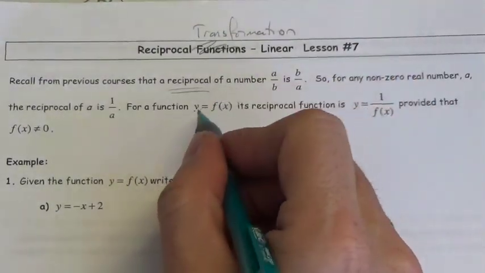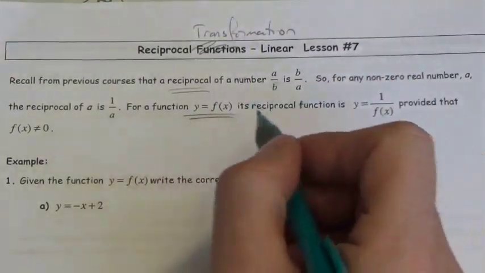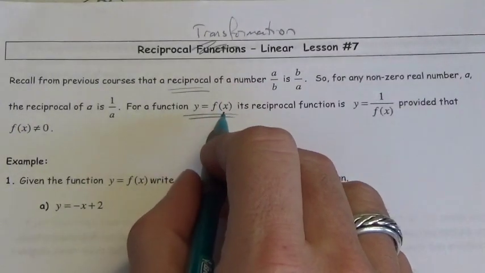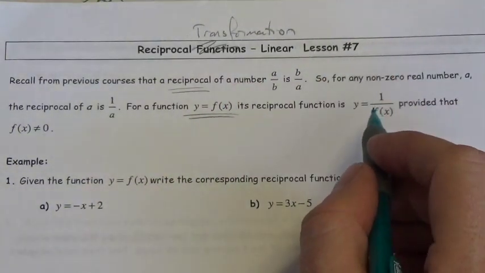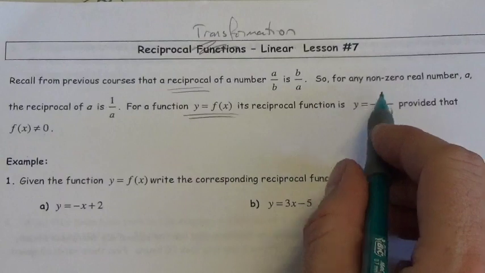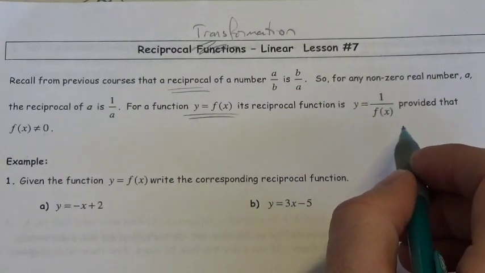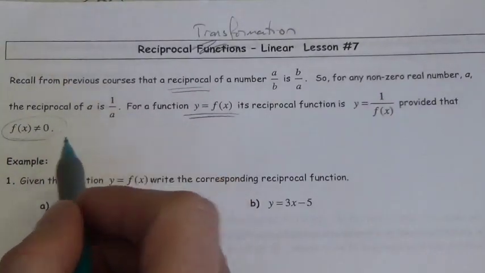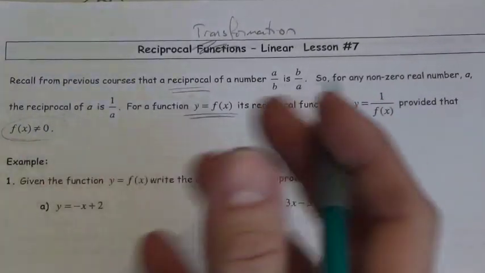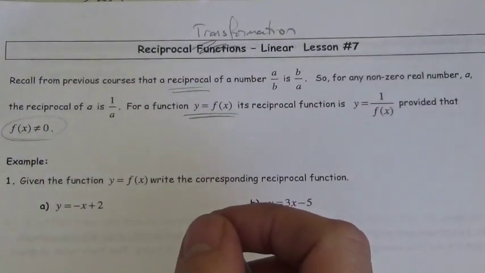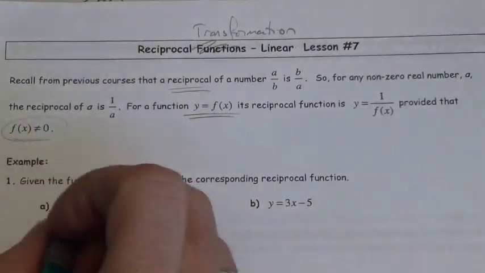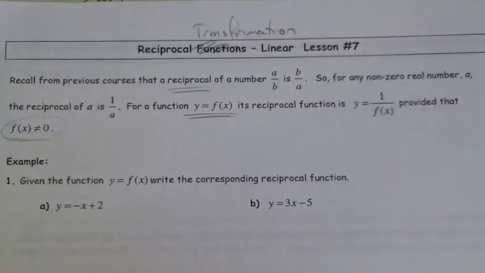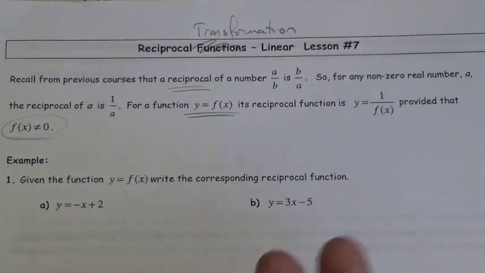So now if we've got a function, a functional relationship, y equals f of x, to get its reciprocal function, it's simply going to be y equals 1 over f of x. And that's going to be true so long as f of x does not equal 0. There's a natural restriction on the domain here, because we can't allow that to occur, so we're going to avoid that. Anyway, let's take a look at just a couple quick examples of how this works.